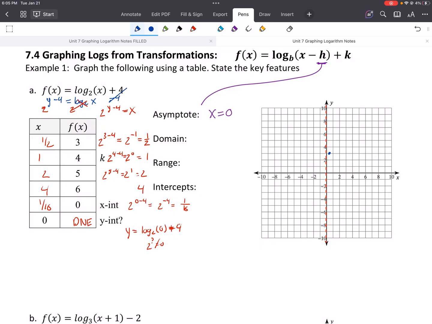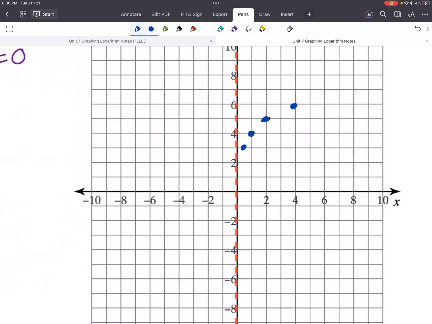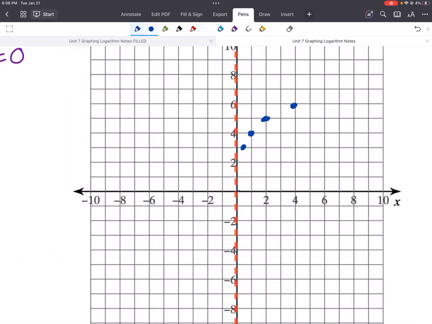At 1, it's 4. At 2, it's 5. At 4, it's 6. And then we also did at 1/16, it's 0. So this would be really close to the asymptote.